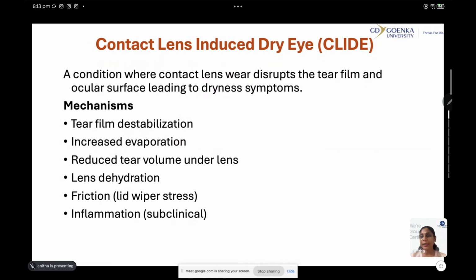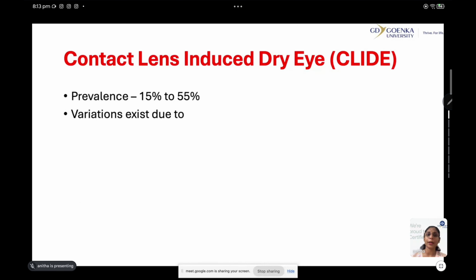Then lens dehydration occurs, because of which there is increased friction in the lid wiper region. There is so much stress on the lid wiper region that it leads to lid wiper epitheliopathy and a subclinical form of inflammation which eventually becomes clinical. So a whole bunch of mechanisms is involved in contact lens induced dry eye.